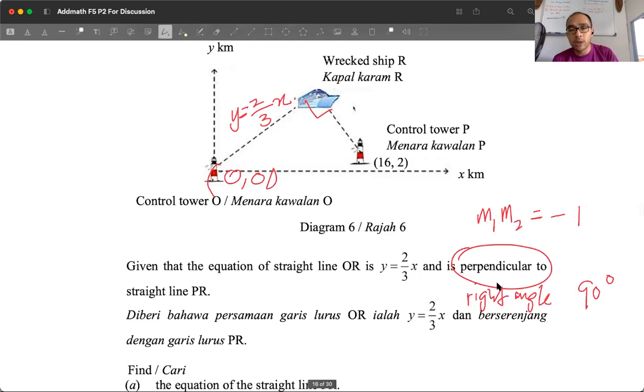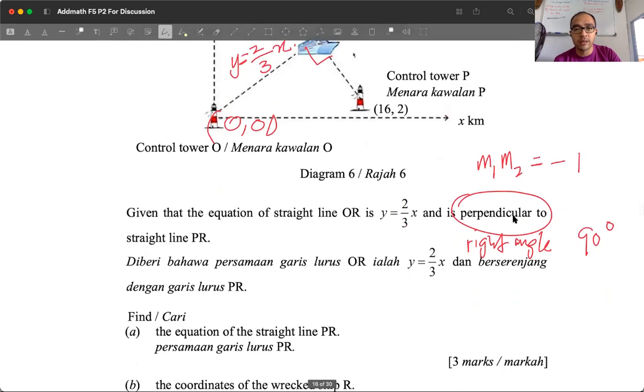I need to find the two gradients and multiply them. When I multiply the two gradients, it must equal -1. You must set this in mind. It is the most commonly asked coordinate geometry question. 90% got it. I won't say sure got it, later people will kick my face.